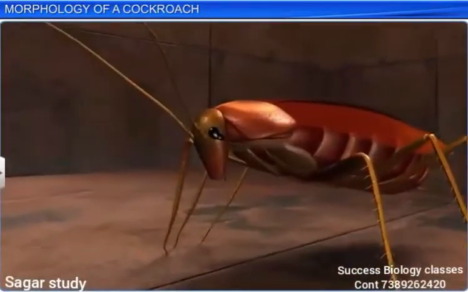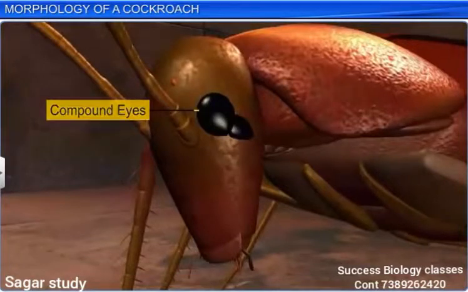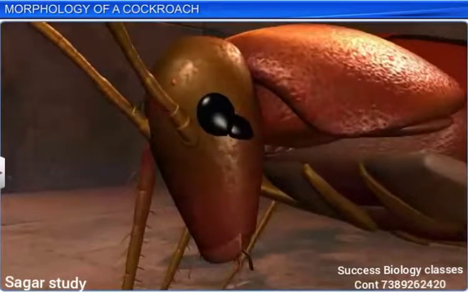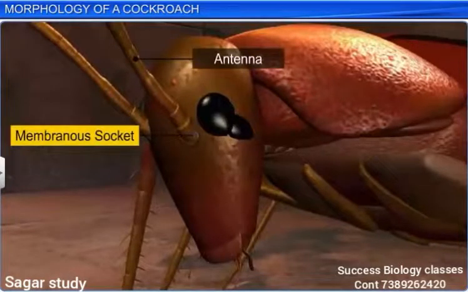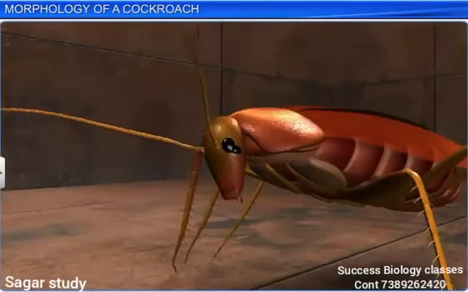This capsule bears a pair of large, compound eyes. It also bears a pair of long, slender antennae that arise from 2 membranous sockets. These antennae have sensory receptors which help monitor the surroundings.